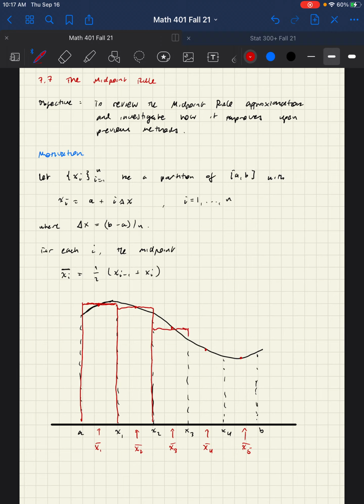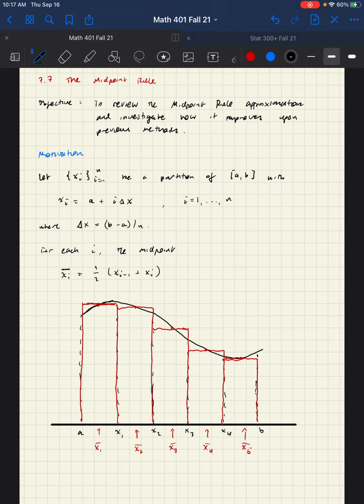And the area underneath each bar becomes the estimate of the integral. It sounds bizarre, but bear with me.